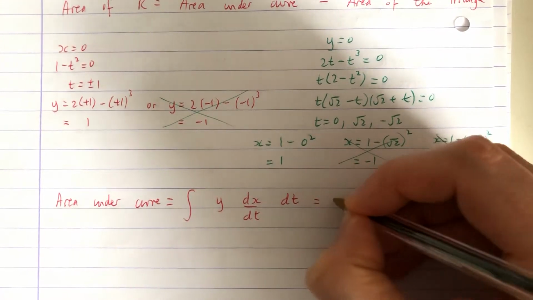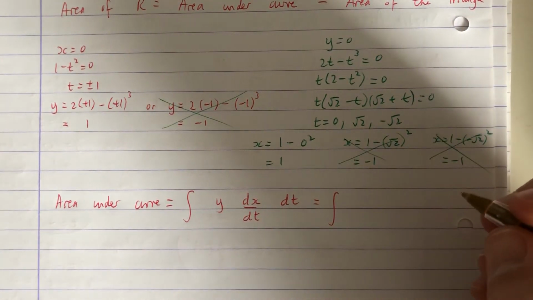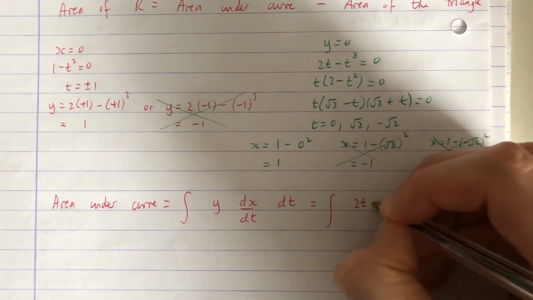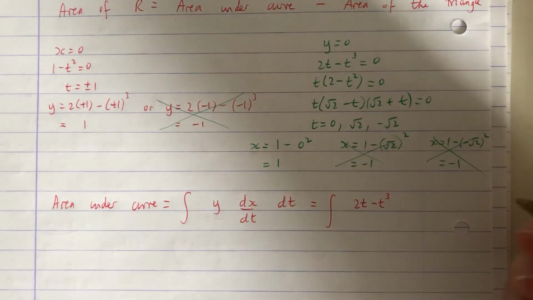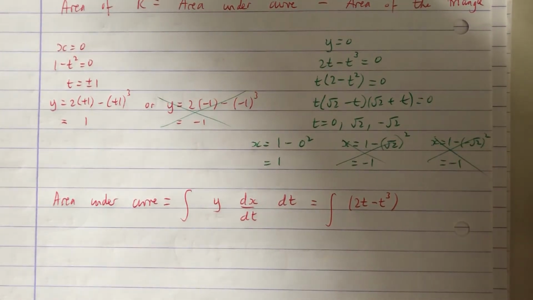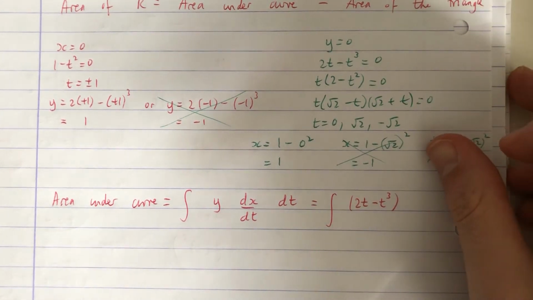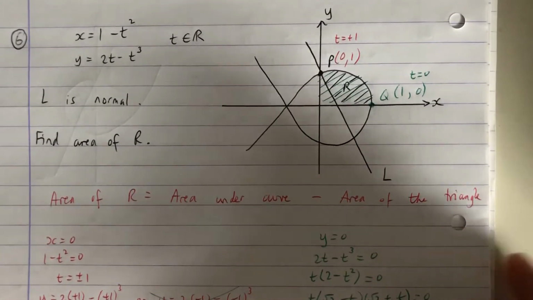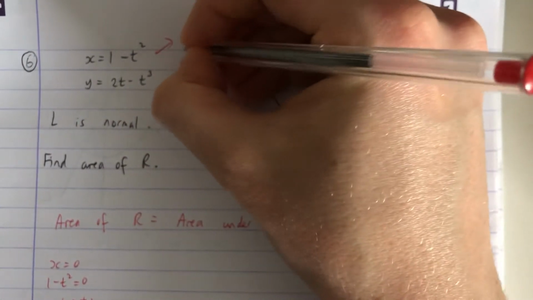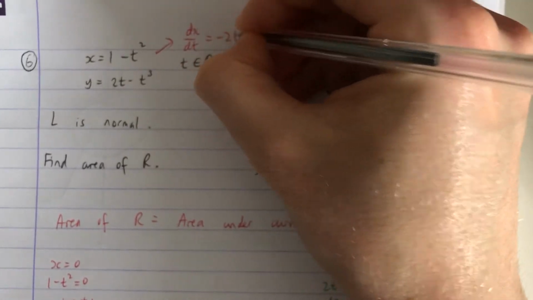For our curve, y, given in the question, is 2t subtract t cubed, and dx by dt, if you look at that, would be negative 2t.